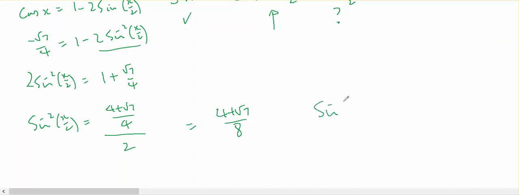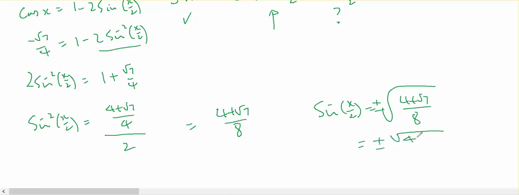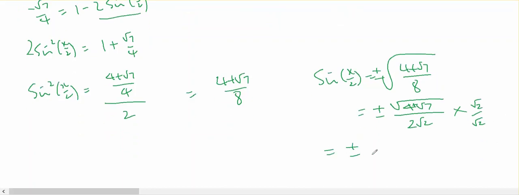So the sine of x on 2 is the square root of 4 plus root 7 on 8, plus or minus, which is plus or minus the square root of 4 plus root 7 on the square root of 8, which is 2 root 2, and multiplying by root 2 on root 2 gives me plus or minus root 2 times 4 plus root 7 all on 4.